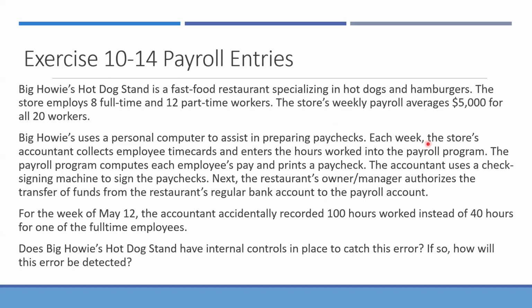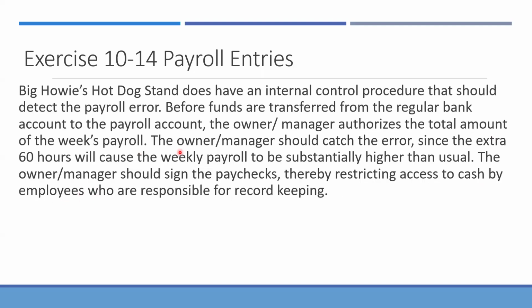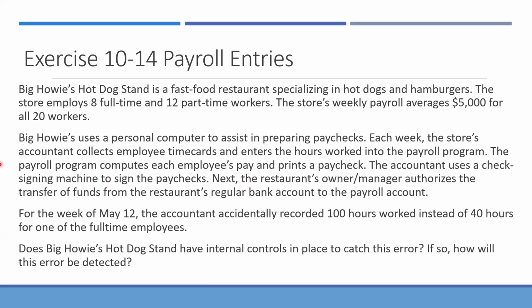One control improvement for this company, though, is that the accountant is collecting the time card and entering the hours worked, and the same accountant is using the check signing machine to sign the paychecks. And that's a cash control issue because there should be a segregation of duties for the authorization of the time cards and the actual signing of the checks.